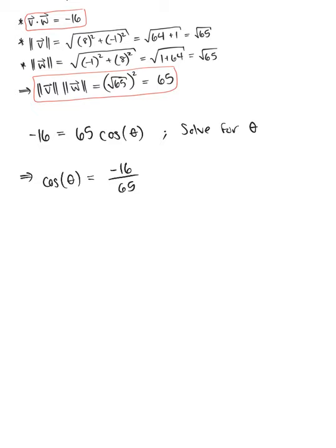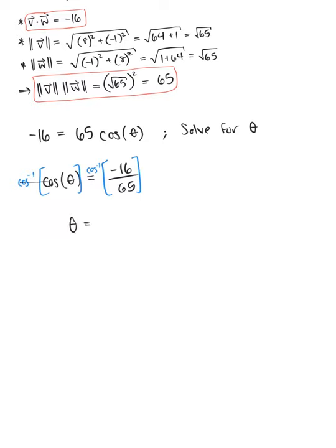And then to solve for theta, we want to go ahead and get rid of cosine. So the only way to do that is by applying our inverse cosine. So we take the arc cosine or inverse cosine of both sides here. And what that does is the arc cosine and cosine invert each other, or they undo the effects of each other.